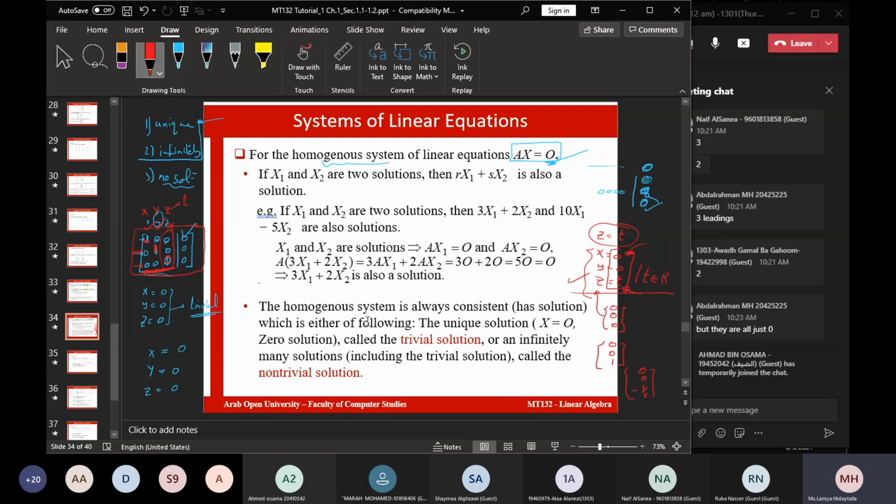So the homogeneous system is always consistent and has a solution, either the unique zero solution, which we call the trivial solution, or infinitely many solutions, one of which is the trivial solution. When there are infinitely many solutions, the others are non-trivial solutions, meaning they are not all zeros, like 0, 0, 1 or 0, 0, minus half. Alright.